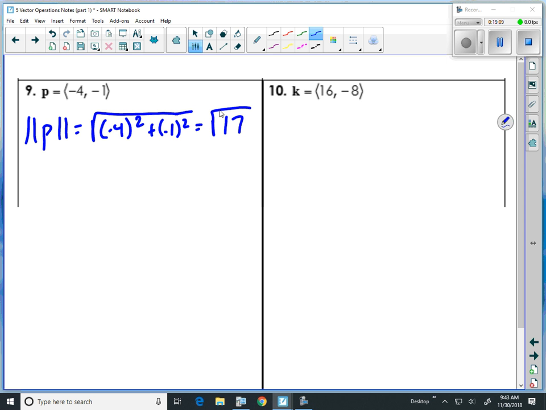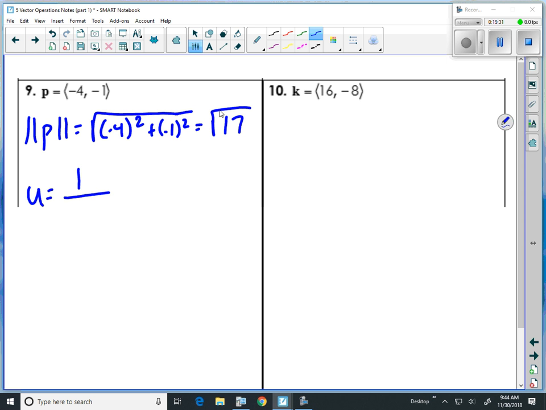Before Thanksgiving break, that Tuesday, we did trig and we did breaking down radicals. So are there any of these perfect squares that go evenly into 17? No. If there was, we would need to reduce it. But there's not. So we're going to leave radical 17 alone. That's going to be our magnitude.